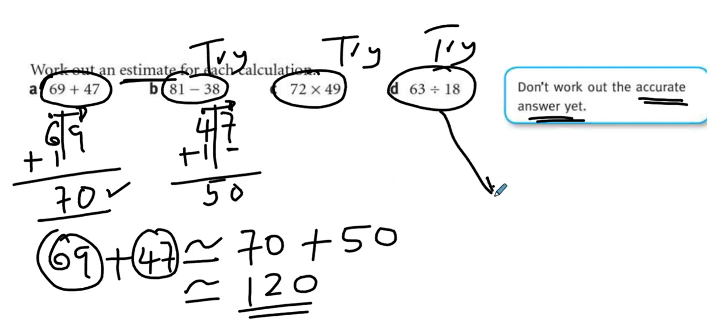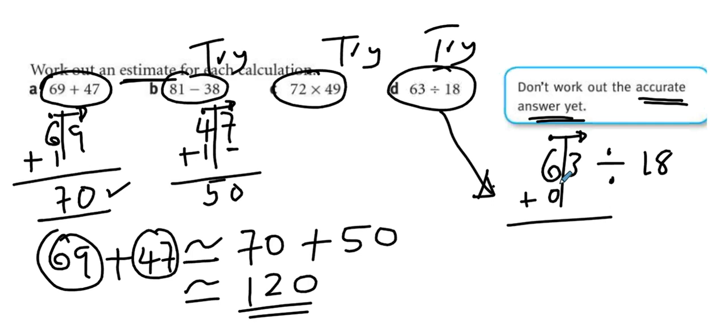Maybe I can do for D. 63 divided by 18. Check here. This is 3. 3 is not bigger than 5, so you'll be adding 0 here. So this will become 6. This becomes 60. How about this one? Check here. This is bigger than 5, so you'll be adding 1 here. This becomes 2. 8 becomes 0.